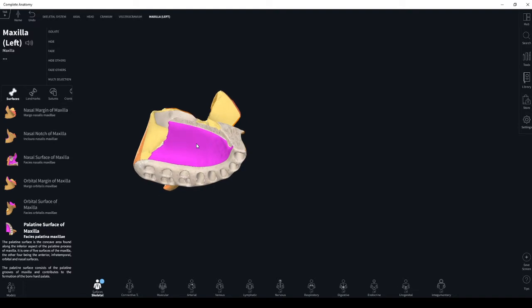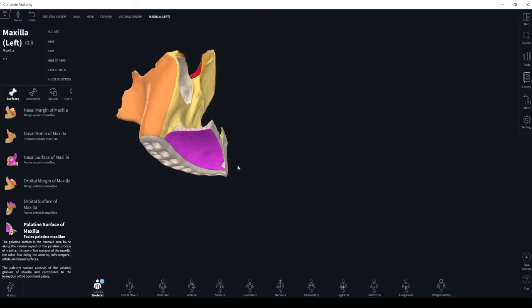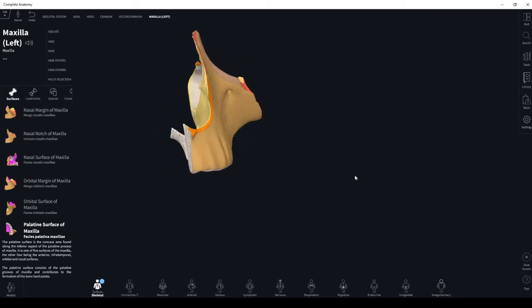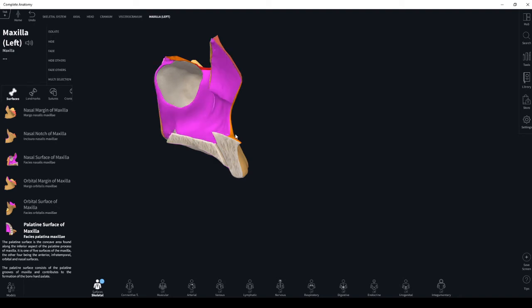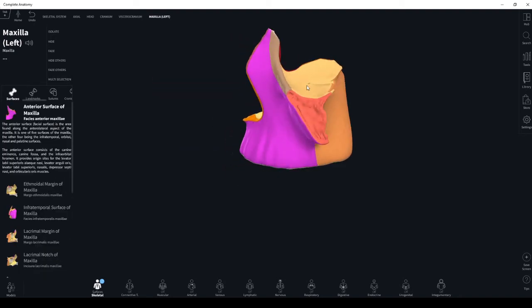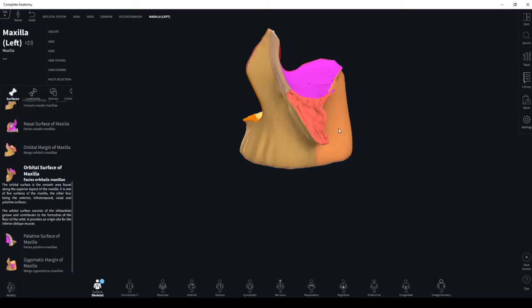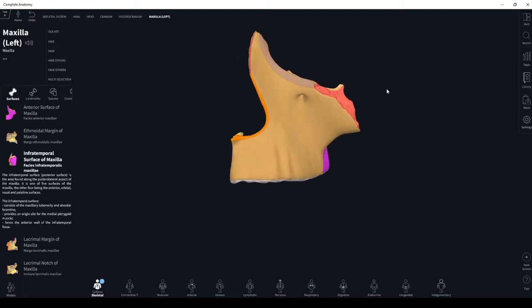It is one of five surfaces of the maxilla. Okay, let's count again: first palatine, nasal, anterior, orbital, and infratemporal.